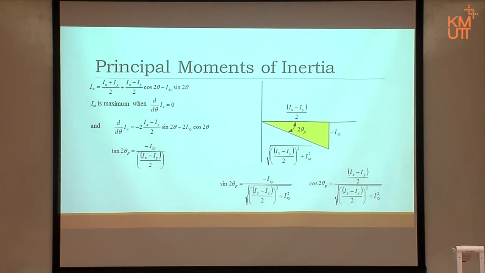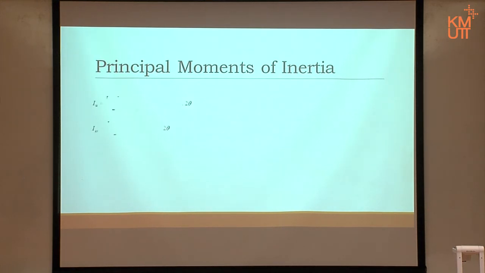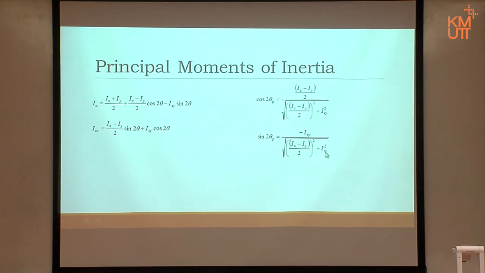Therefore, what I can do is substitute it back into here and back into here and find immediately what I max is. Okay? And that is what we're going to do, right? Substitute into IU first, shall we?